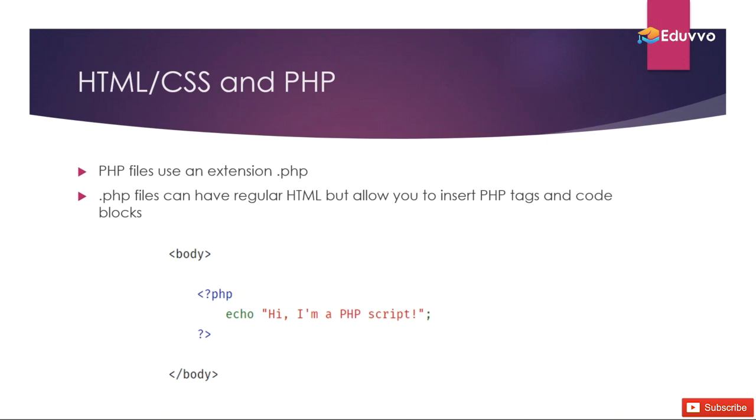Traditionally, HTML pages have the extension .html or .htm. When we're using PHP, these files will have the extension .php. And these PHP tags will only work in .php files. But as we go along and we get into more development stuff, then you'll see how that works.